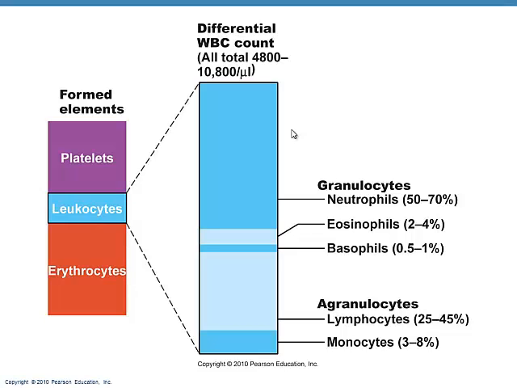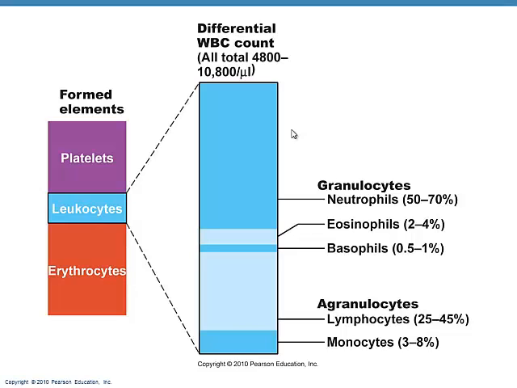The first one might be a neutrophil, the second a lymphocyte, the third a neutrophil, and another neutrophil. You see where I'm going with this? You count the white blood cells as you see them and differentiate them. When you get your 100 counted, these are the normals you should fall in.